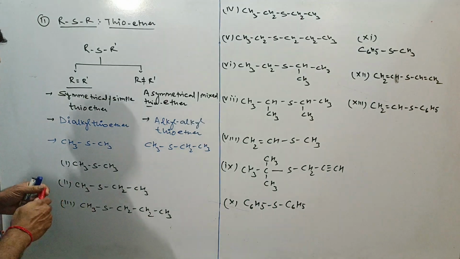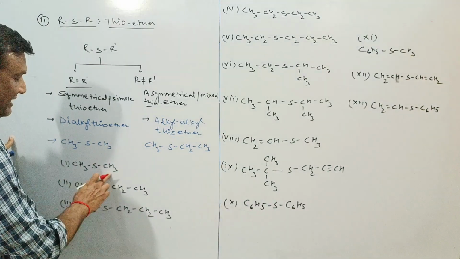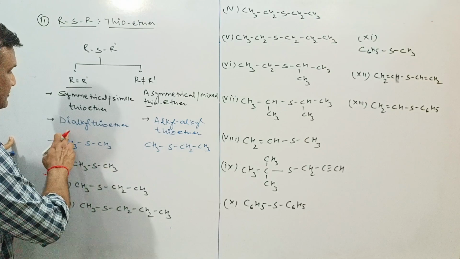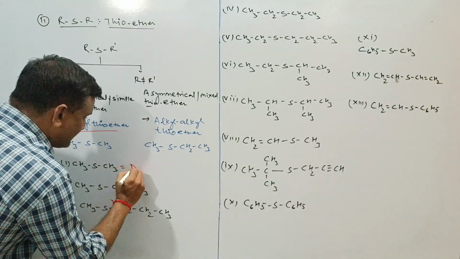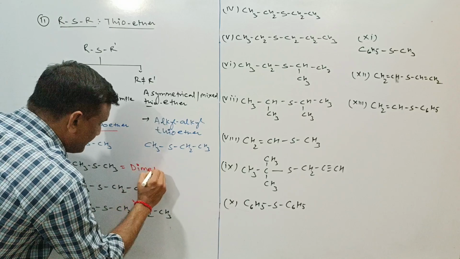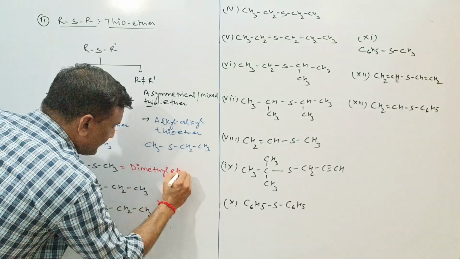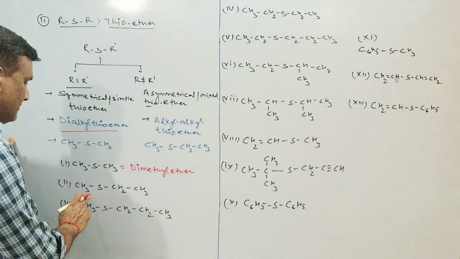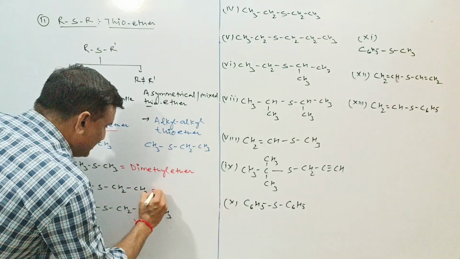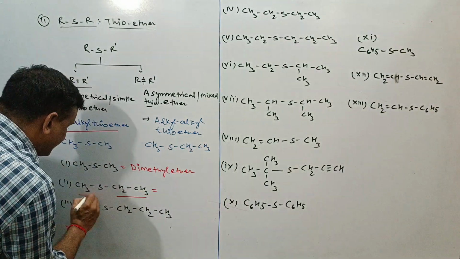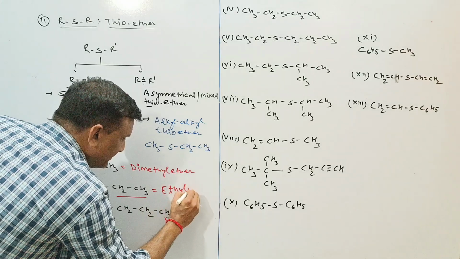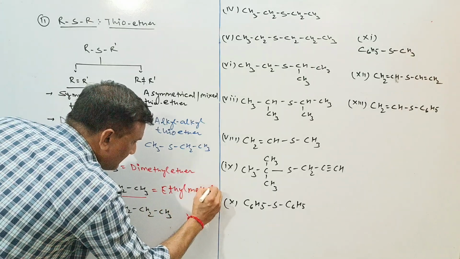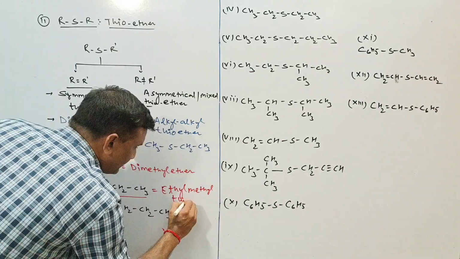Now the nomenclature. For the first, both are alkyl groups, the same group, so we use dialkyl thioether and the name will be dimethyl thioether. For the second, alphabetically, this is ethyl and this is methyl, so it will be ethyl methyl thioether.